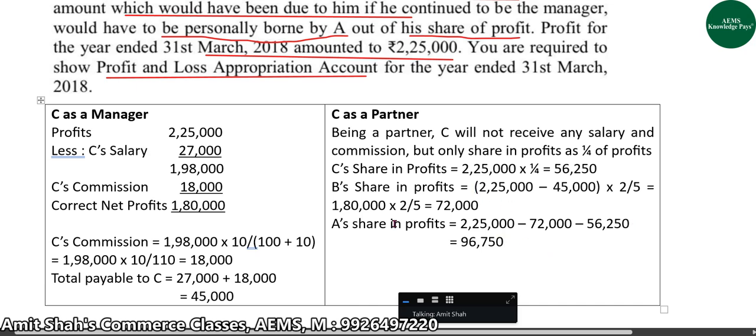So A is not getting 3/5 of 1,80,000. No. 3/5 of 1,80,000 is actually 36,000 into 3, that is 1,08,000. I show you this here.